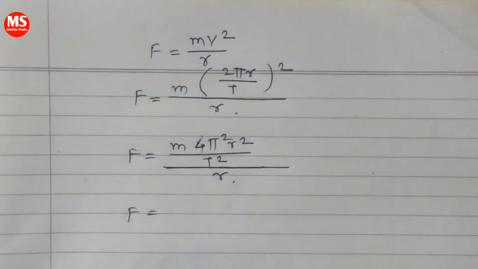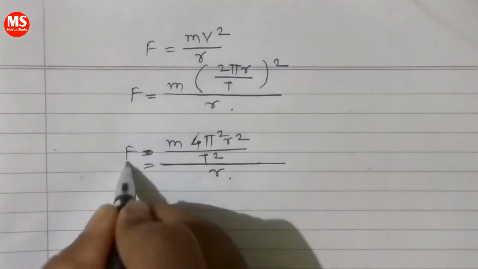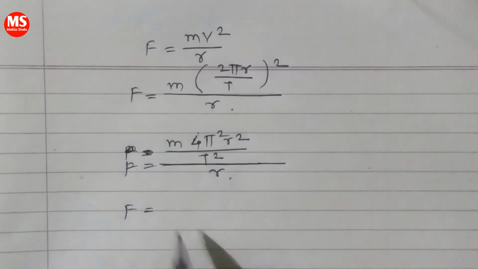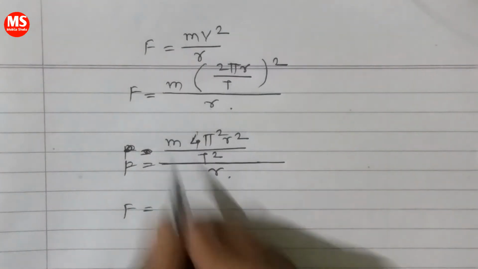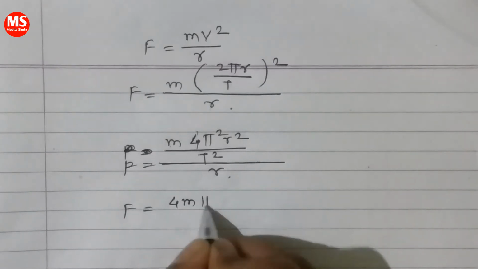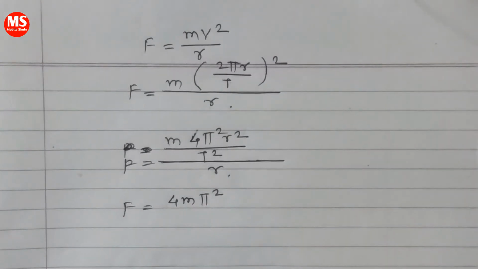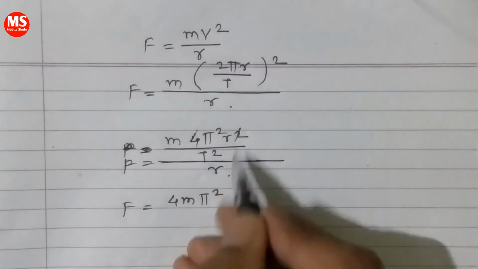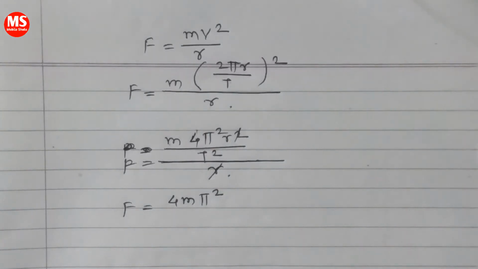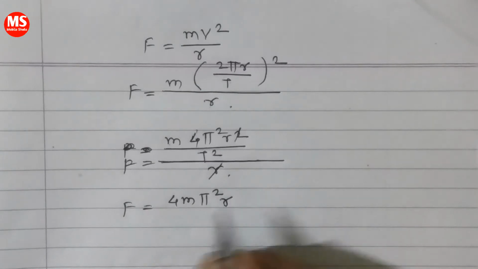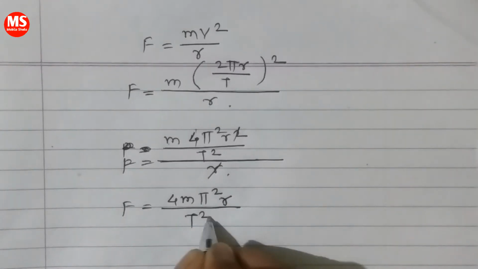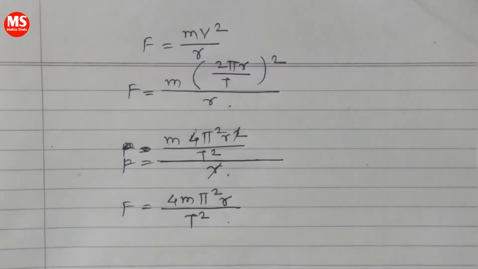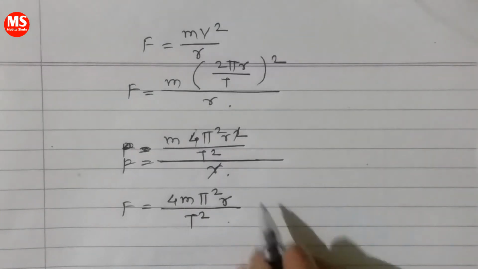So F is equal to 4m pi square, and this r is cancelled, so only r upon T square remains.